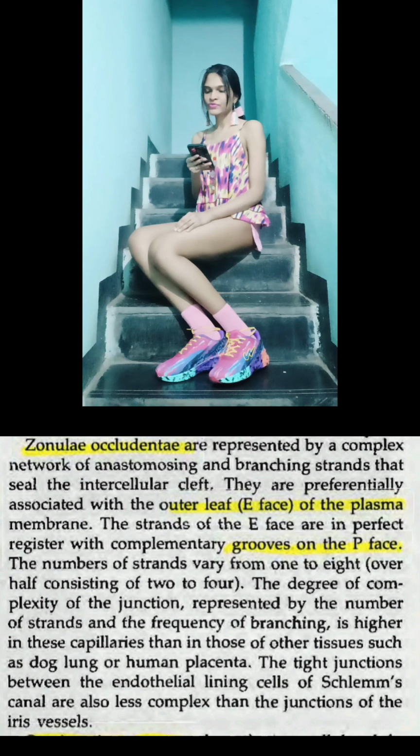The numbers of strands vary from 1 to 8, over half consisting of 2 to 4. The degree of complexity of the junction, represented by the number of strands and the frequency of branching, is higher in these capillaries than in those of other tissues, such as dog, lung, or human placenta.